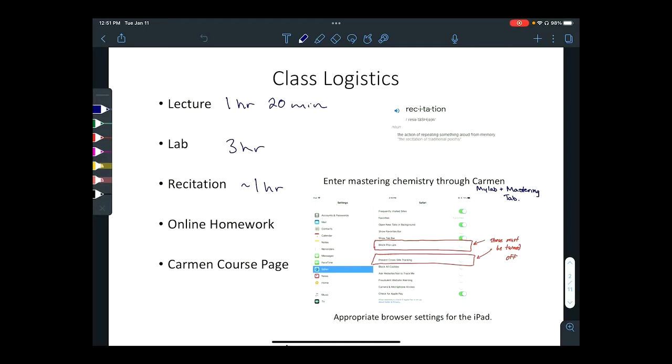Essentially, it's a small group learning environment where I provide an activity, and you work through that activity with your teaching assistant in a smaller group environment. It'll have a much different feeling than what we feel right now in this lecture room. I won't be there in recitation, so don't expect me to be there. It'll be a different teaching assistant to take care of you.